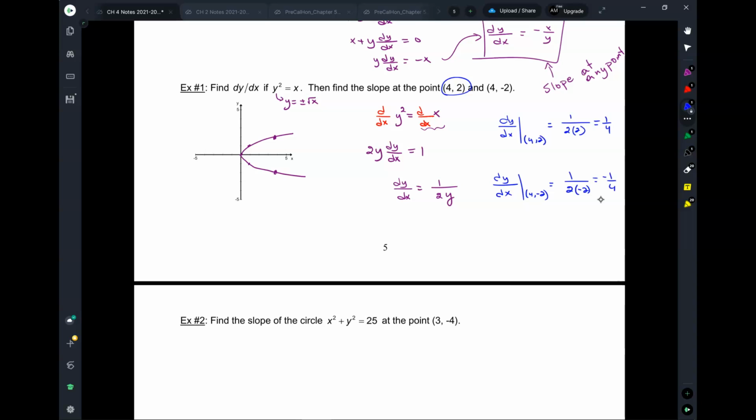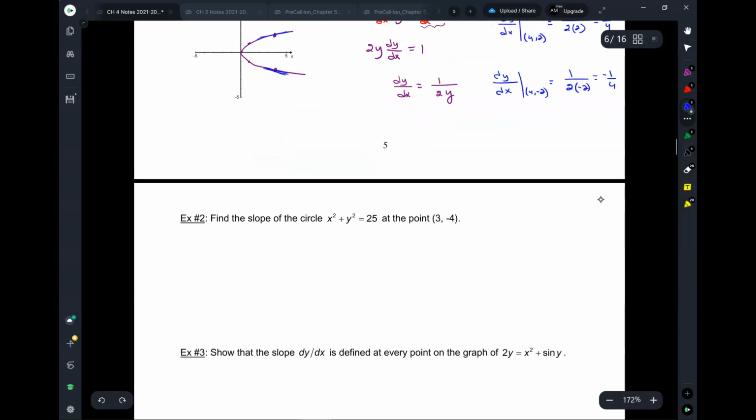Okay? And you can see that there is a positive and a negative slope. And as Tal had mentioned earlier, this one too, like the one before, is going to have the same value, just negative, right? Because they're symmetric around the x-axis.